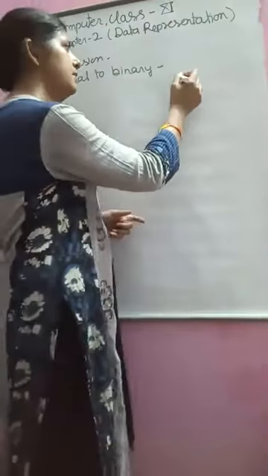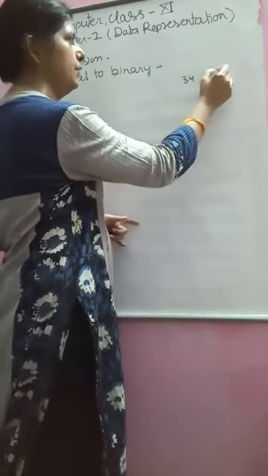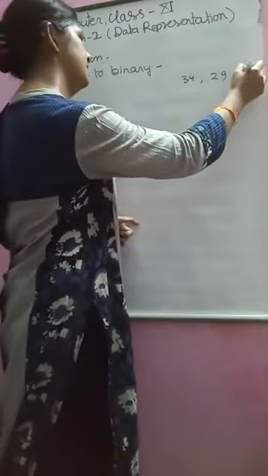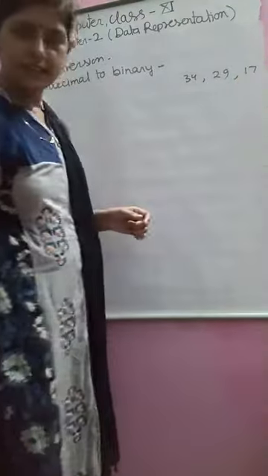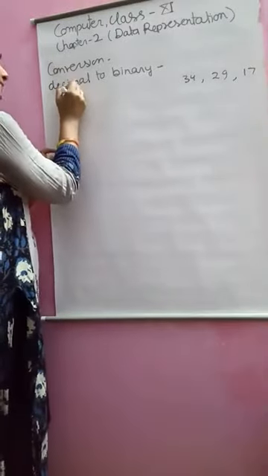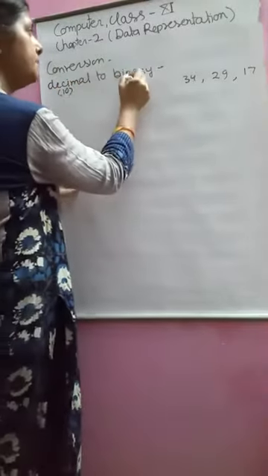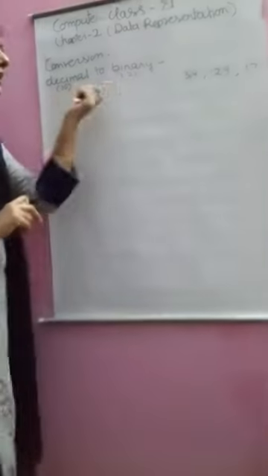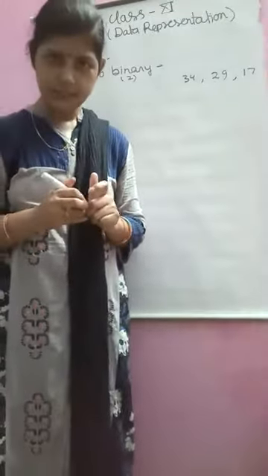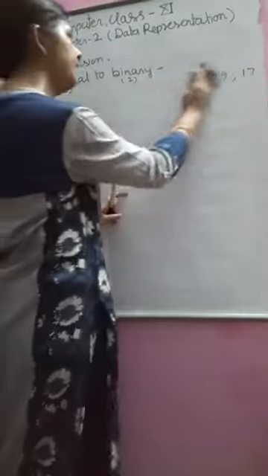Means 34, 29, 17 are all decimal numbers. Decimal number means base 10, binary number means base 2. Now take a decimal number and convert it into binary. How can we convert a decimal number into binary format?